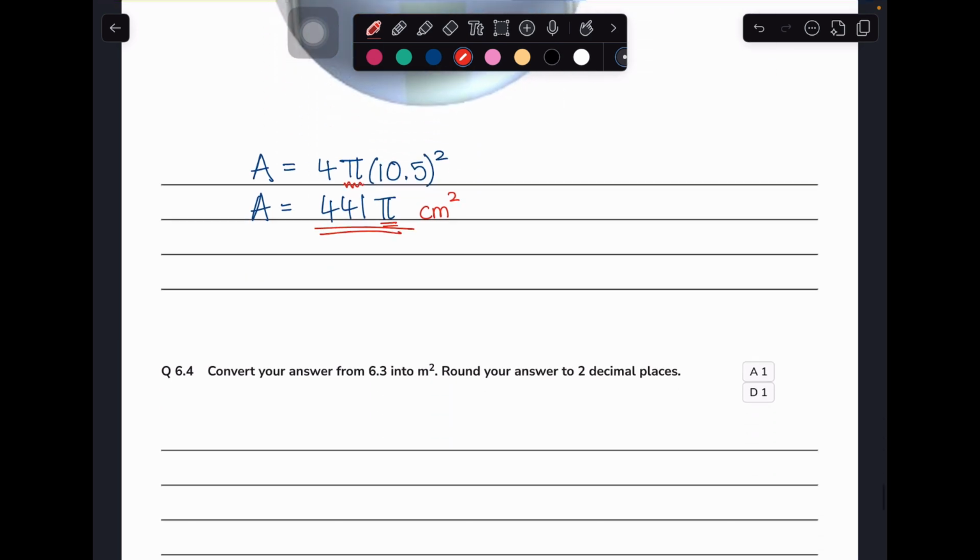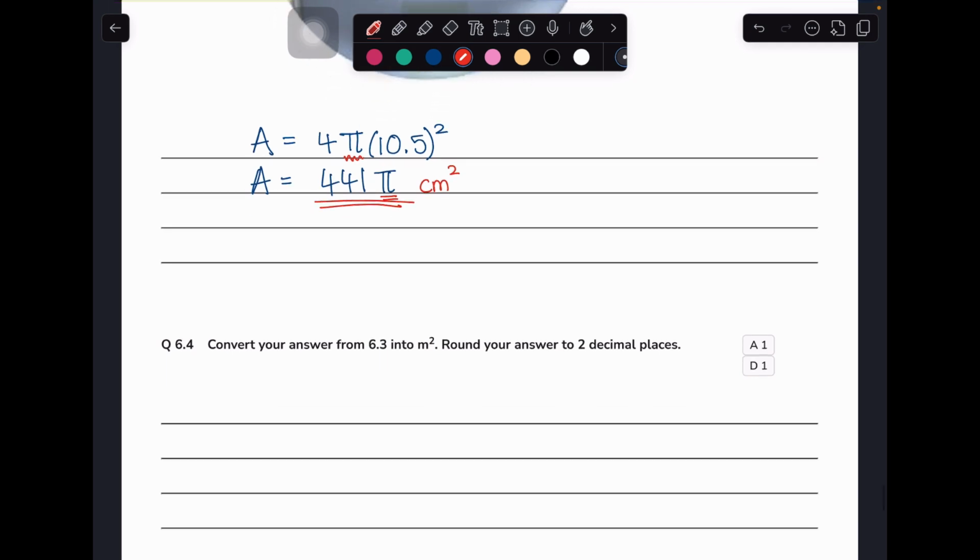Now convert your answer from 6.3 into meters squared. Here we do need our decimal value for it. So the first thing I'm going to do is 441 pi is equal to 1,385.44 centimeters squared.